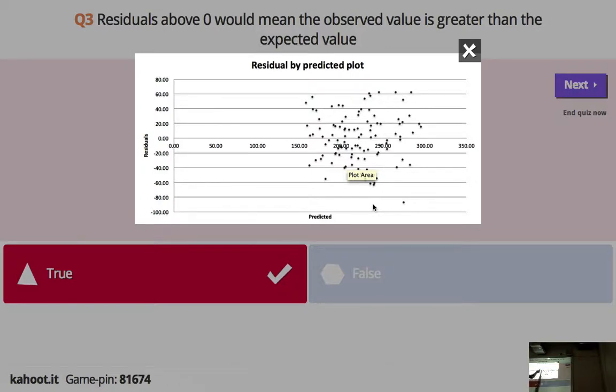So of course these values, like this value down here, apparently this is a very cheap house compared to what our model predicts. So it must be a big house at a low price, right? Do you understand? Okay.